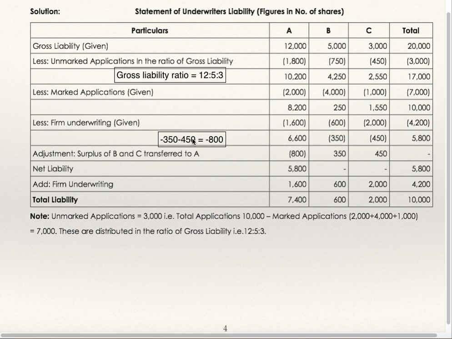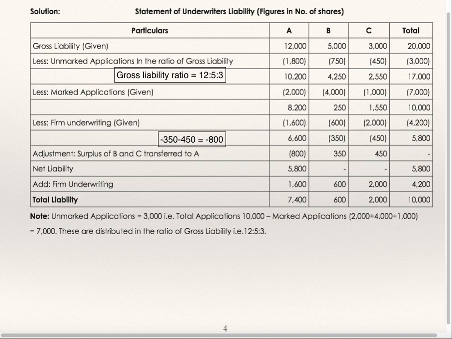Minus 350 minus 450 is minus 800. So below A, write minus 800 plus 350 plus 450. So 6,600 minus 800 is 5,800. Minus 350 plus 350 is 0. Minus 450 plus 450 is 0.